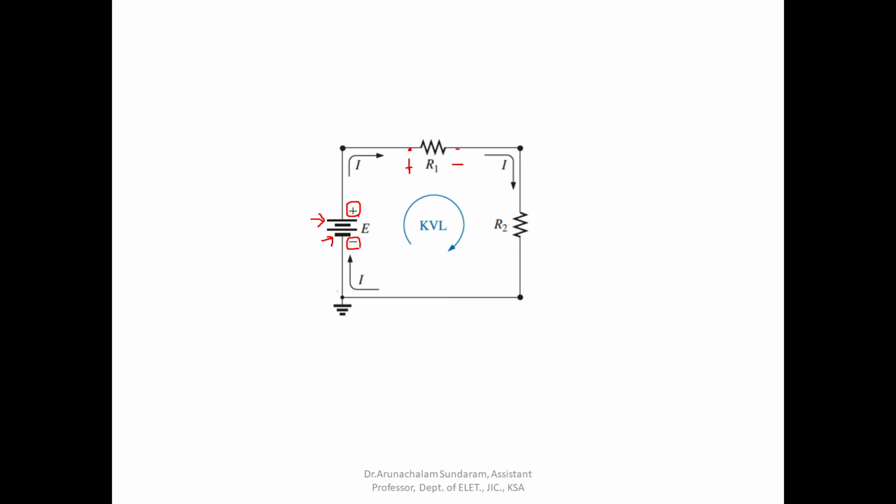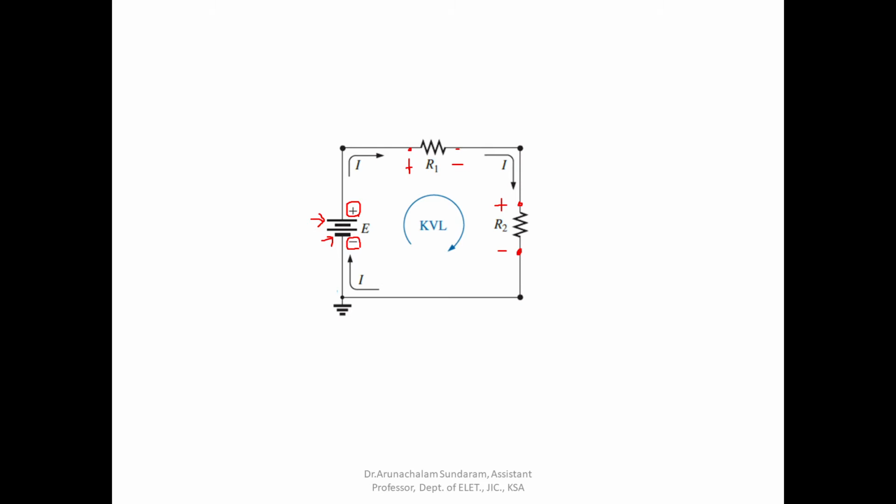Same way, in this resistor, the current enters at this point and leaves at this point, so this point becomes positive and this point becomes negative. So this is the first step before you apply Kirchhoff's voltage law.